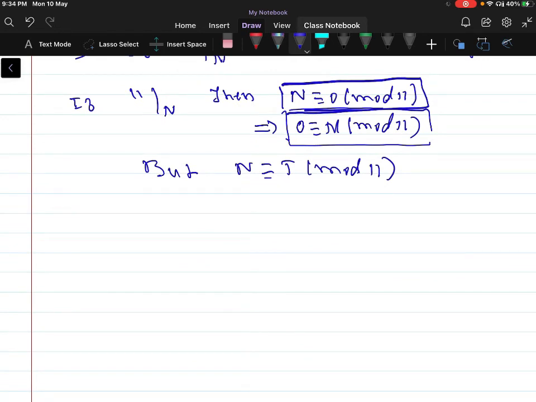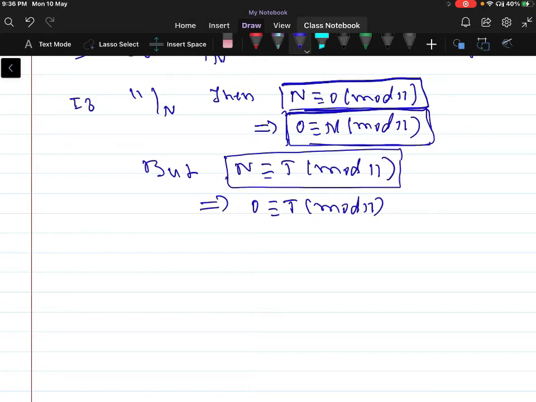This implies 0 is congruent to t modulo 11. We know that 0 is congruent to n modulo 11 and n is congruent to t modulo 11.